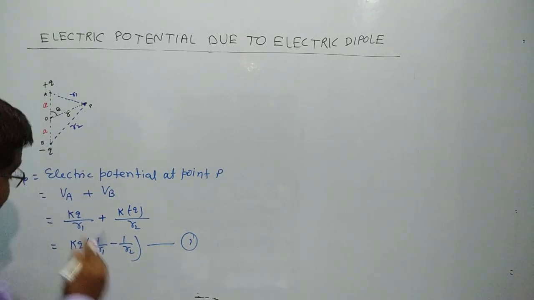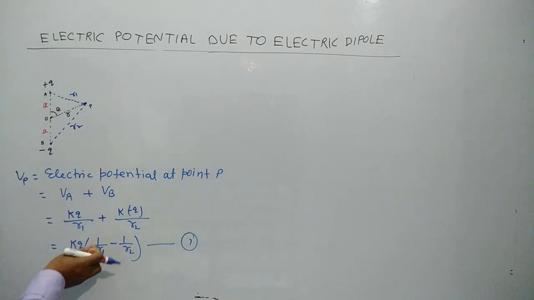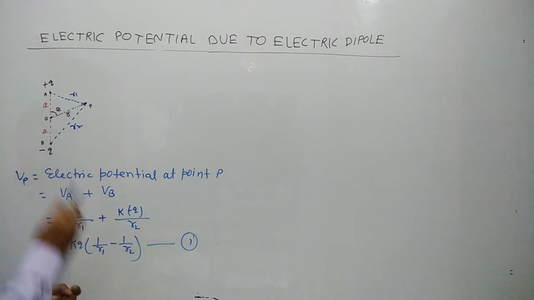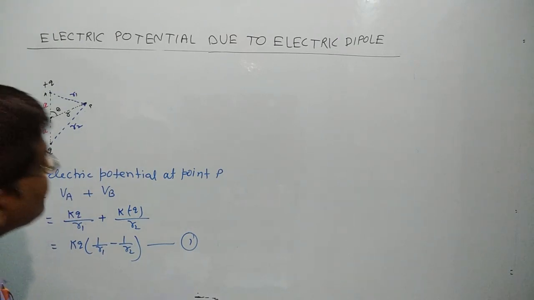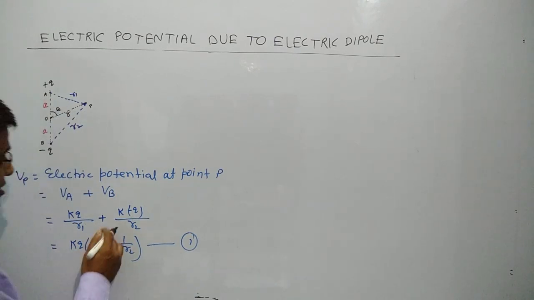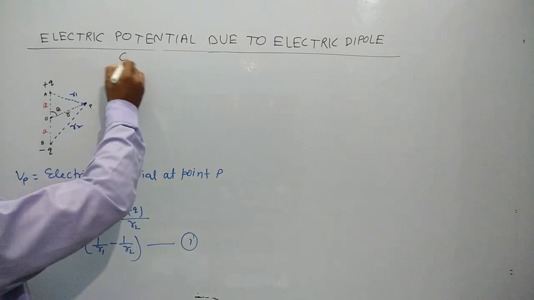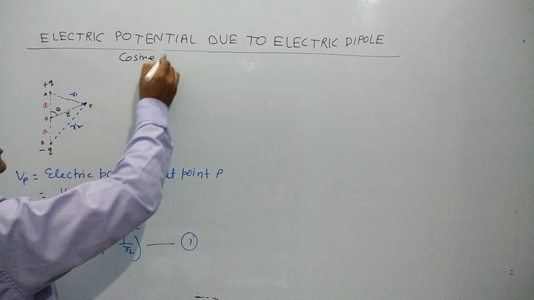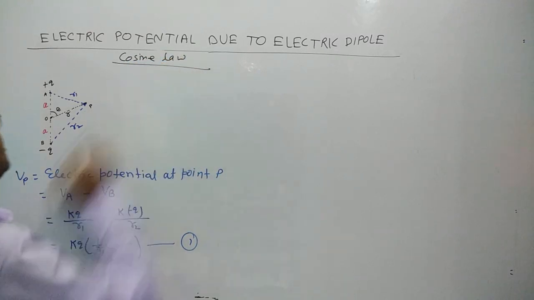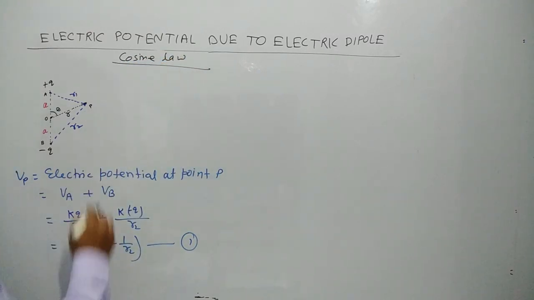Now I calculate the values of 1 by R1 and 1 by R2 and put them in this equation to find the potential at point P. For finding 1 by R1, I am using the cosine law, as you learned in class 11.